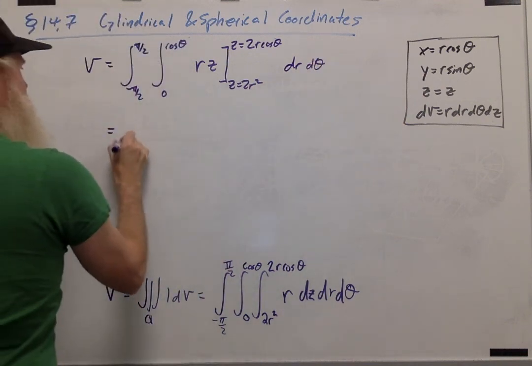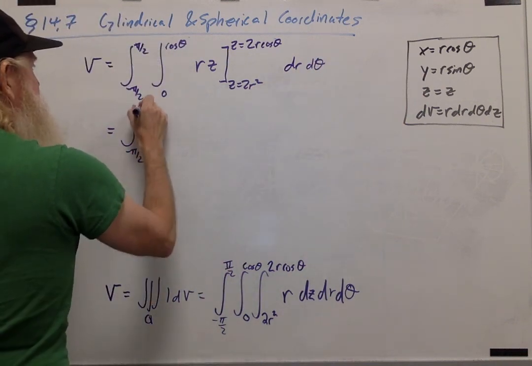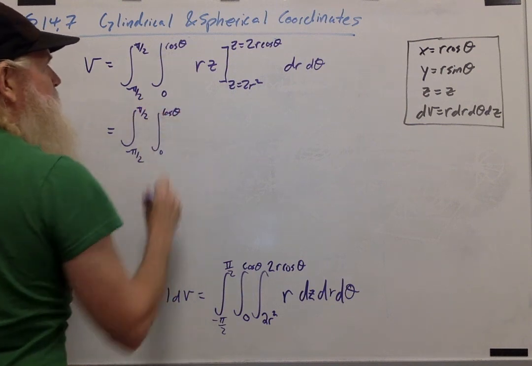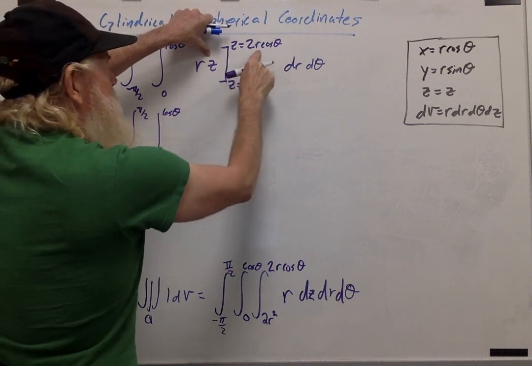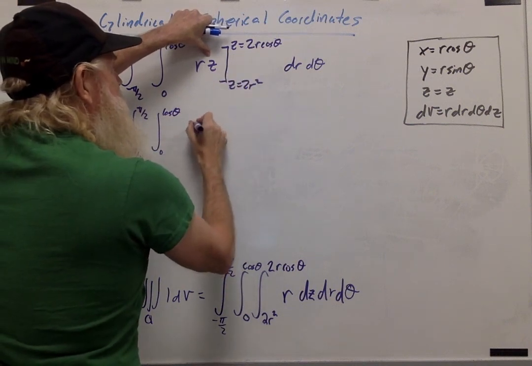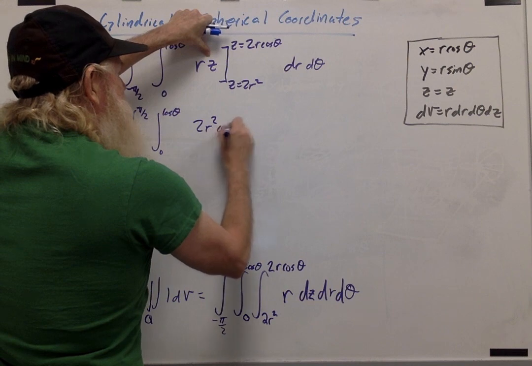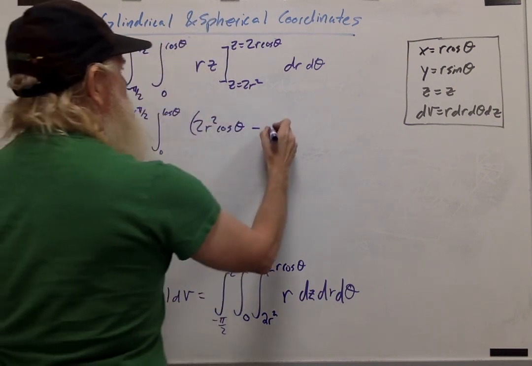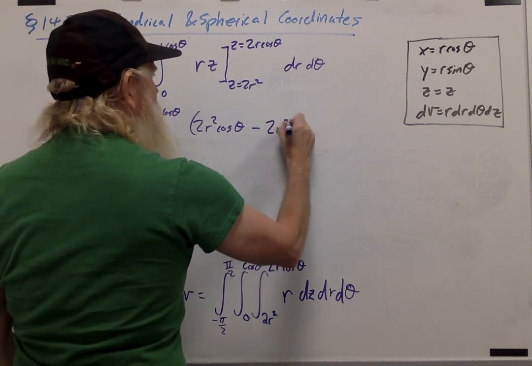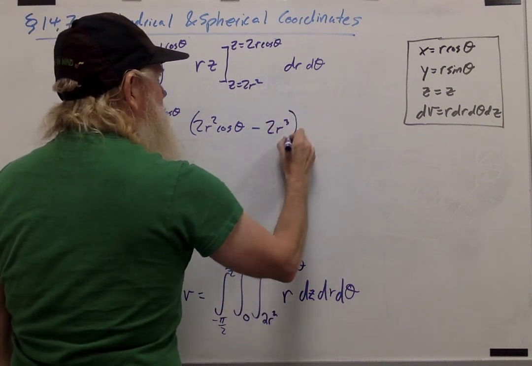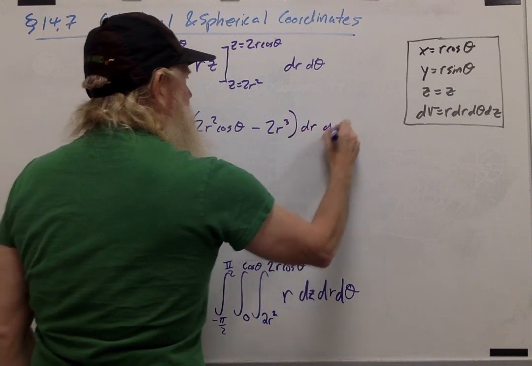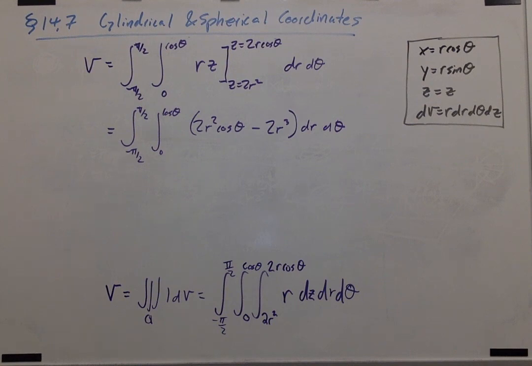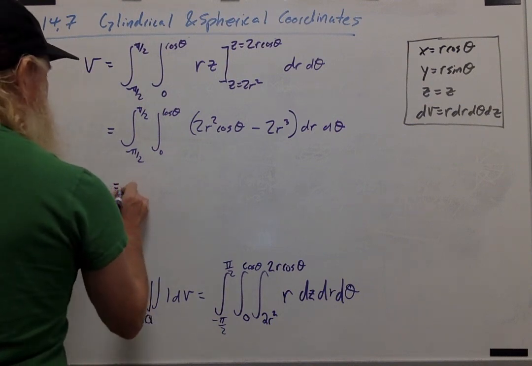So let's plug in the endpoints and subtract. First, the top endpoint will get 2r squared cosine theta minus, plugging in the bottom endpoint, 2r cubed, dr d theta. Next, we integrate with respect to r.